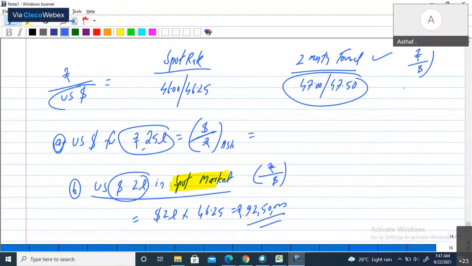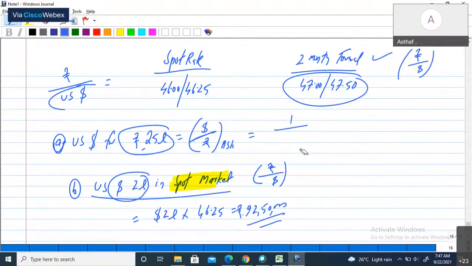It is only rupees to dollar. So we have learned one concept: dollar to rupee ask equals 1 divided by rupees to dollar bid, into our amount. So you have to go for the forward rate. The bid is 47.